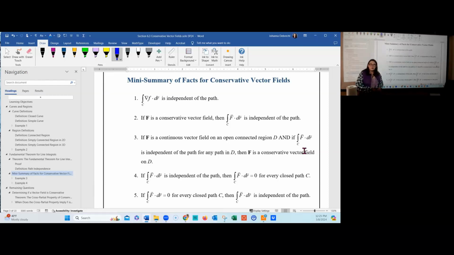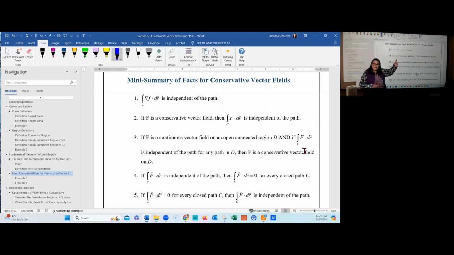The third one is probably the most complicated of all the ones we have to look at. It says start with a continuous vector field on an open connected region. So my region is connected and my vector field is continuous, meaning that the functions that make up the vector field are continuous functions.